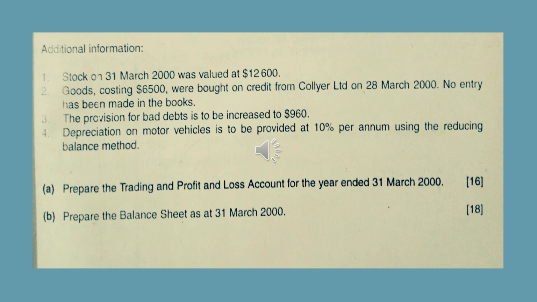You will arrive at the net book value, then you will apply 10% on that amount, and you will find the depreciation. Depreciation will be recorded in the income statement in operating expenses, one. Secondly, it will be subtracted from the motor vehicles non-current asset, two. So these are the four adjustments I've already explained, and the requirements are quite easy.